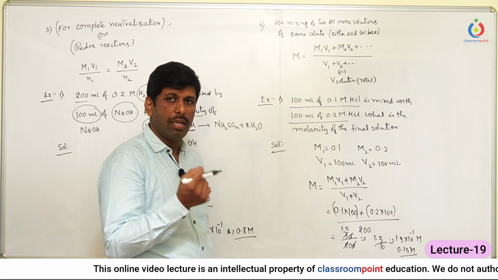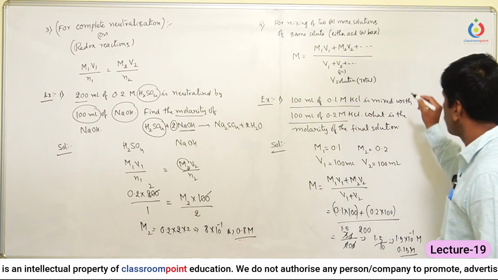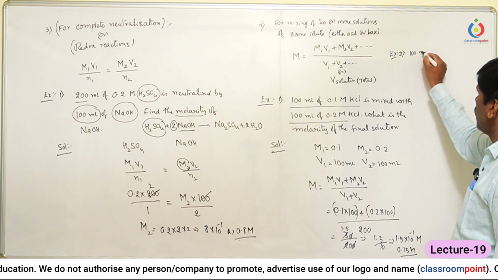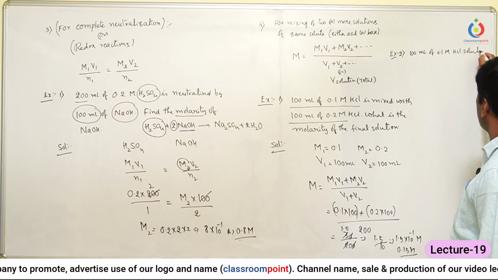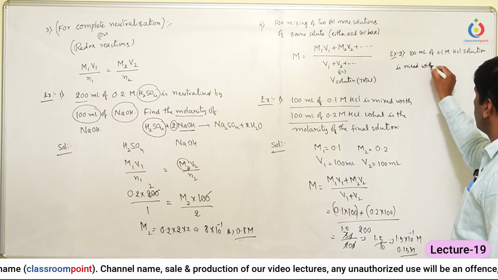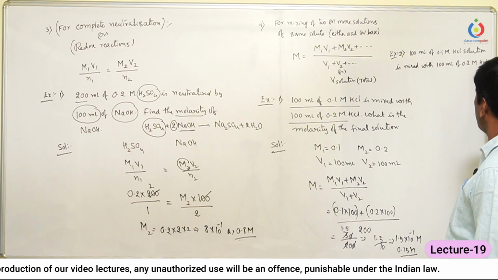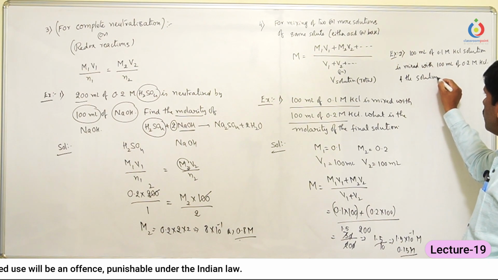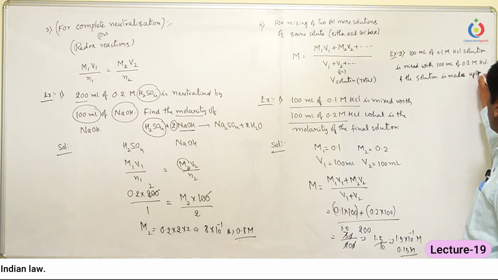Similar question, let us change the terminology and see how to use it. Example 2: 100 ml of 0.1 M HCl solution is mixed with 100 ml of 0.2 M HCl, and the solution is made up to 1 liter.